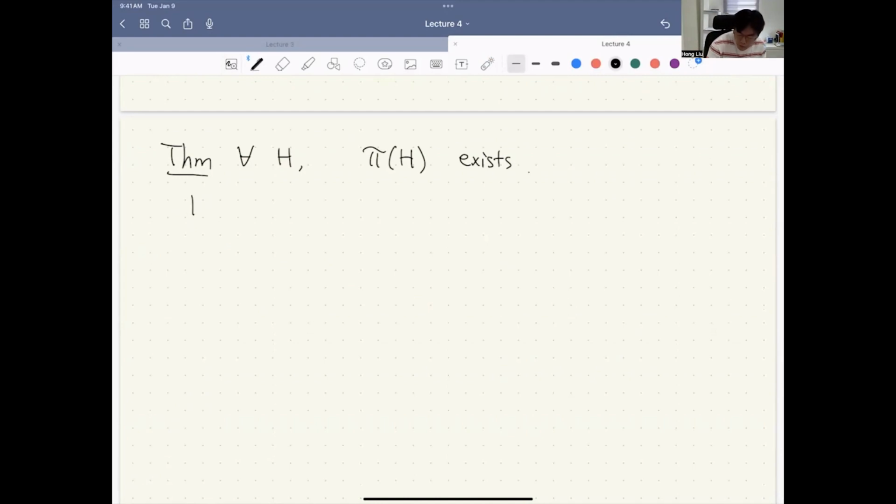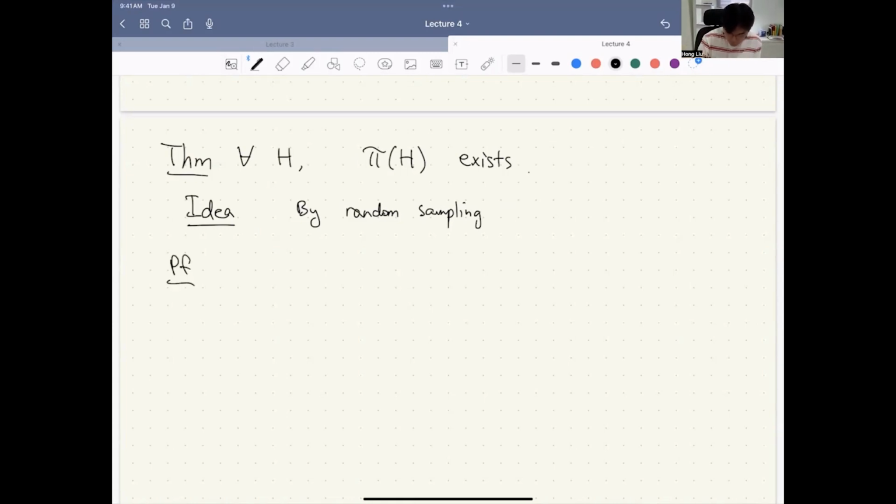The idea is by averaging. Well, random averaging and sampling are the same thing, okay?